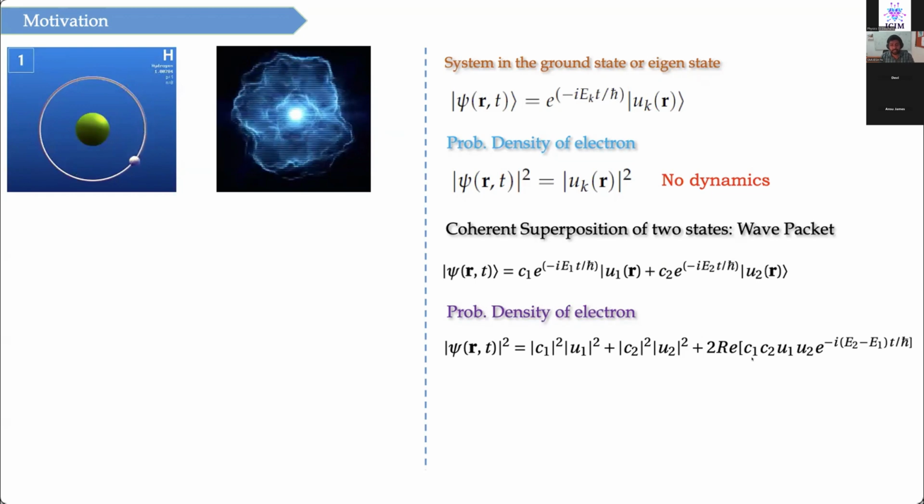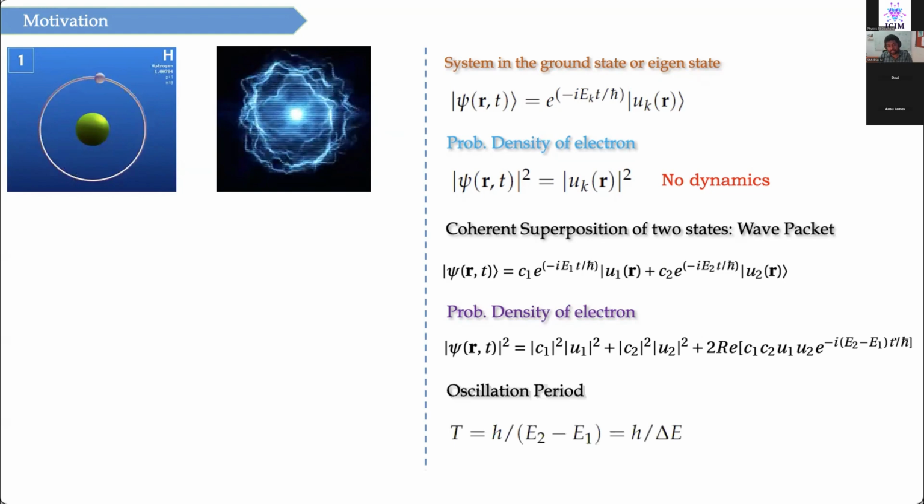When you do that, you get temporal terms, but I'm not interested in the first two terms because there is no time function. In the last term, you can see a time factor. With respect to that time factor, you can calculate the oscillation period between the states where the electron is transiting or moving. It boils down to the difference between the energy levels: the period is inversely proportional to the difference between energy levels.